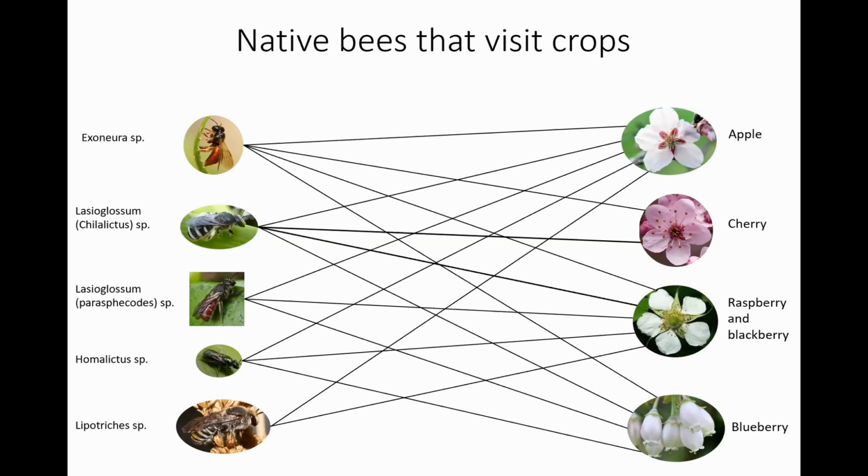We've got different native bee groups on the left and crop flowers on the right, and a line connecting a bee group to a flower shows that we found that kind of bee visiting that crop. You can see there are a few different native bee groups visiting the crops.